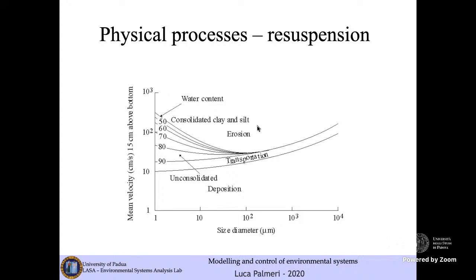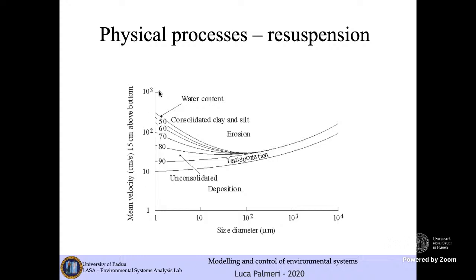While you will have erosion, meaning movement from the bottom toward the water column, else in this condition you will have transportation, that is horizontal movement of sediment particles. And for lower speeds at 15 centimeters above the bottom, you will have deposition.